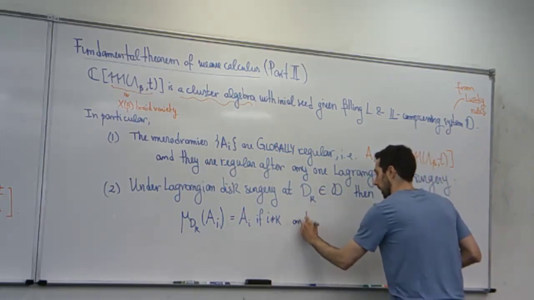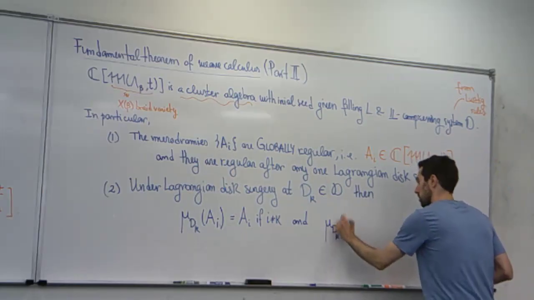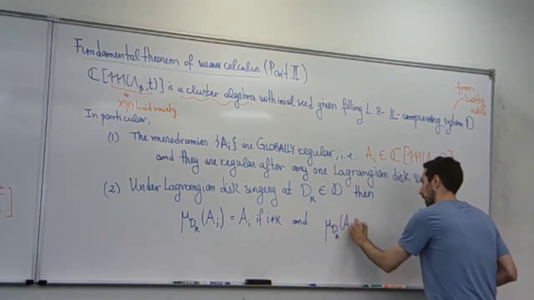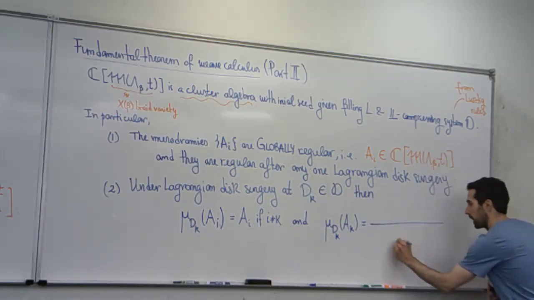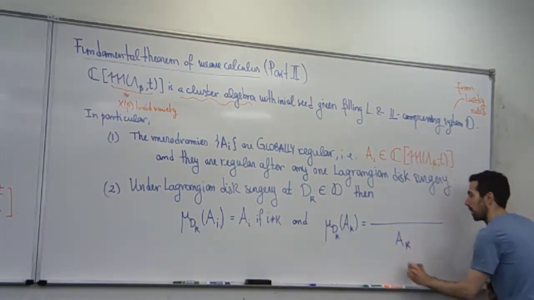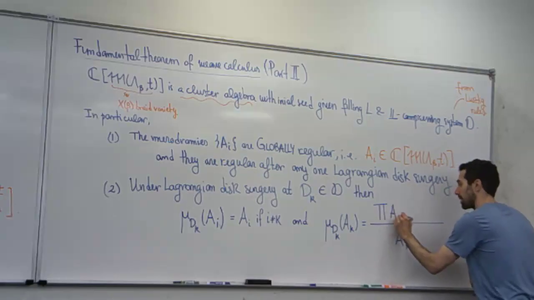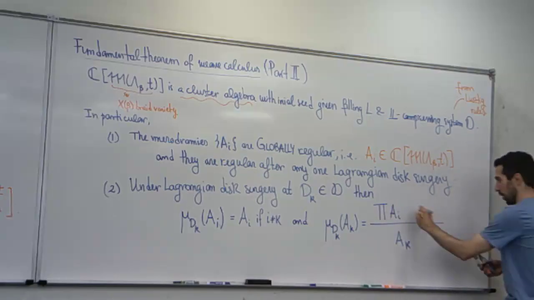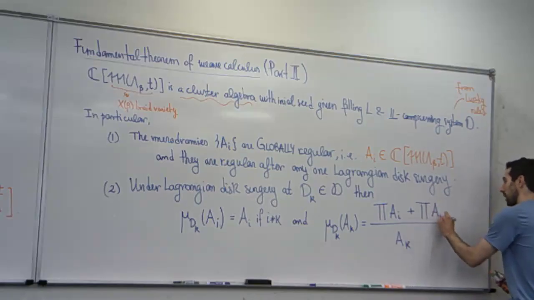And now comes the kicker. The mutation formula, the way the monodromy changes, is as follows. A_k, the new one, is going to be divided by the old one, A_k, and then take the product over all the A_i such that something, and the product over all the A_j such that something.